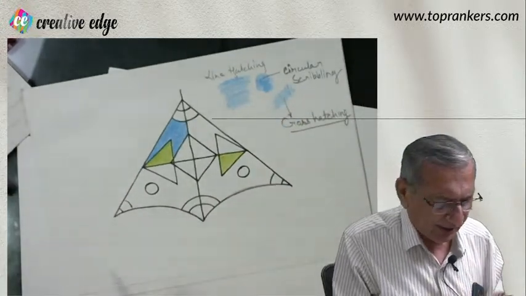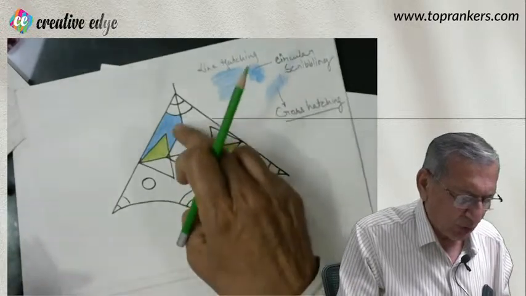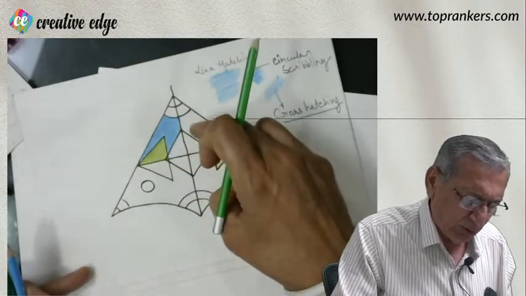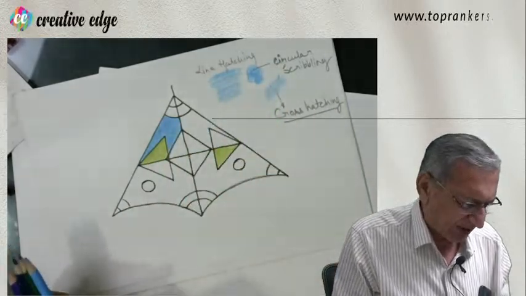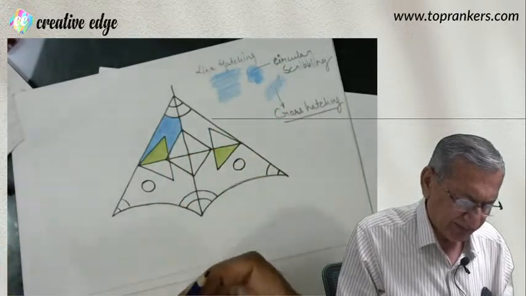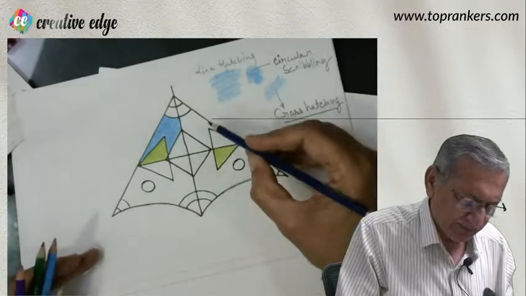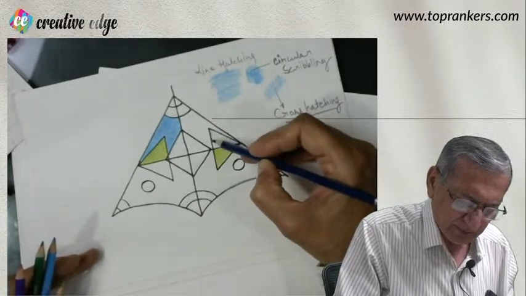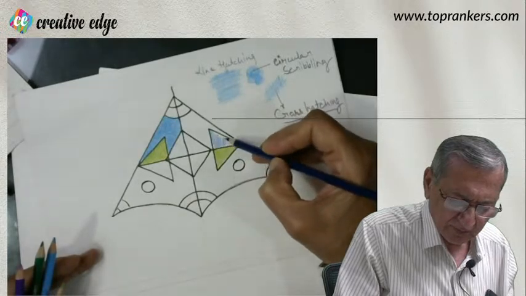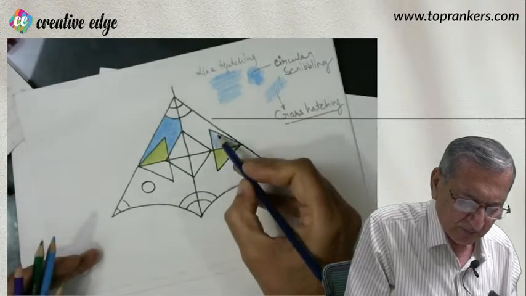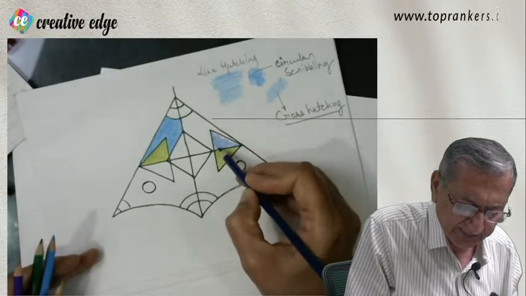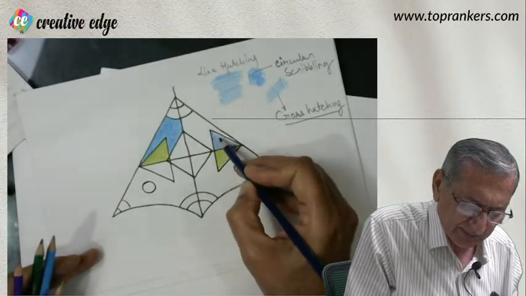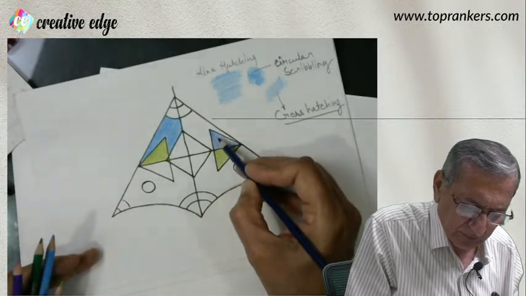Clear to everyone? Any question? You could have taken the light blue all throughout and done the rest of the colors here. I am purposely doing cross hatching here, followed by scribbling.